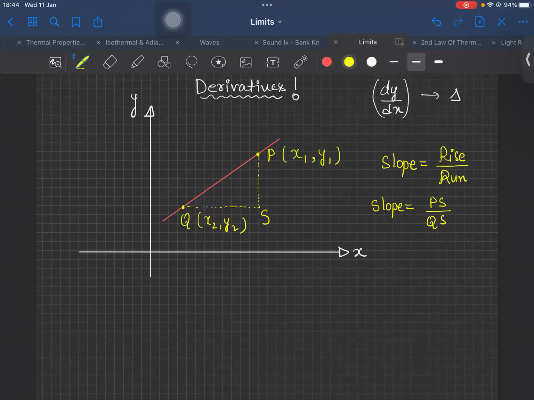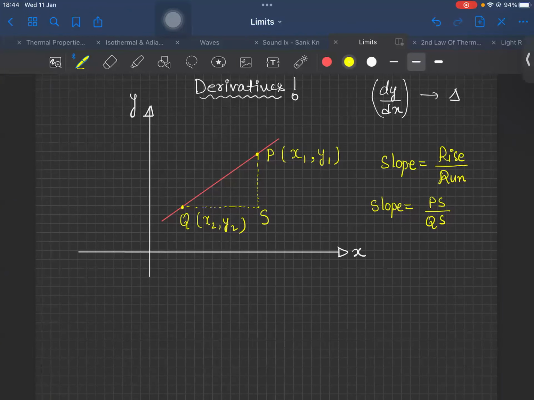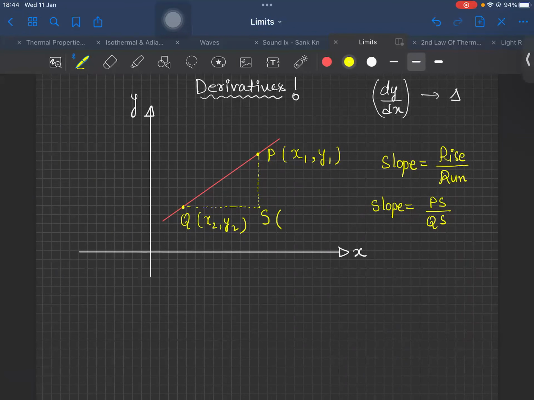What will be the coordinate of point S? Anyone? S is x1, comma, what? y2, isn't it? This is x1 comma y2, right?